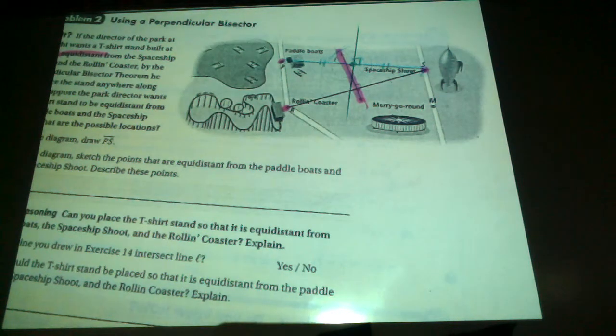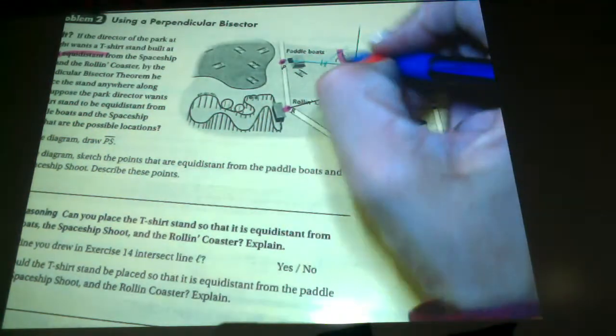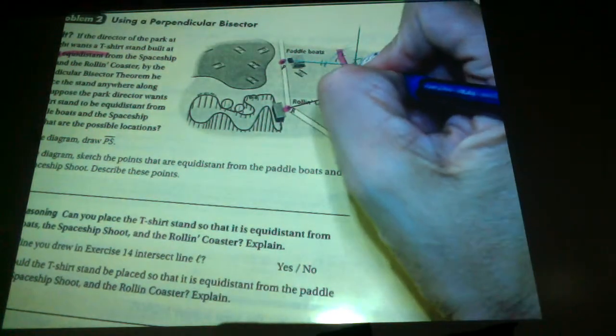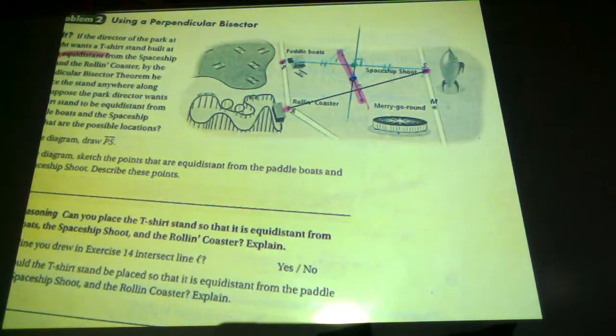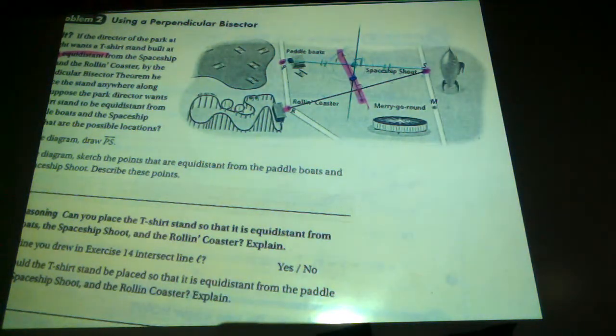Where do the lines intersect? Right? So where the lines intersect would be X marks the spot right here. So he actually could have the best of both worlds, couldn't he?